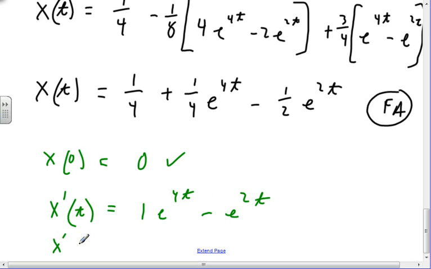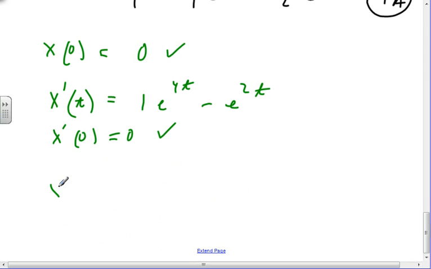X prime at 0 is 0. Check. Excellent. And now we need the second derivative of t: 4 e to the 4t minus 2 e to the 2t.